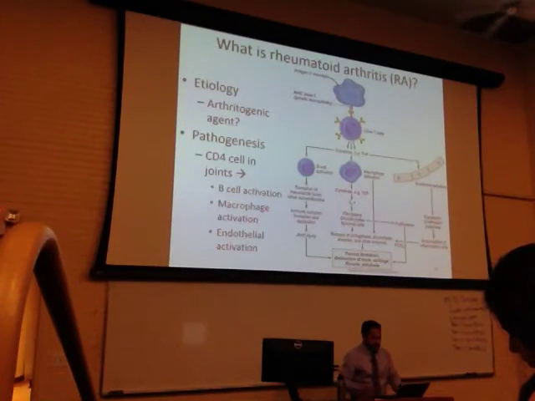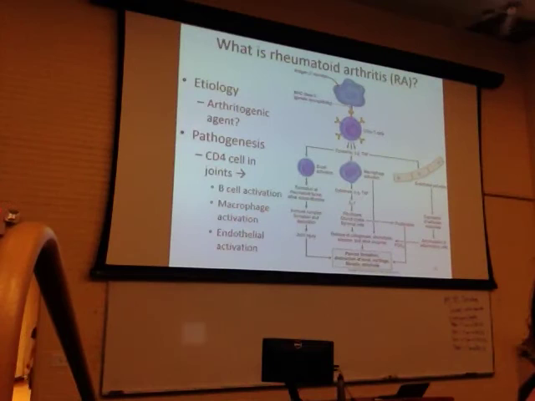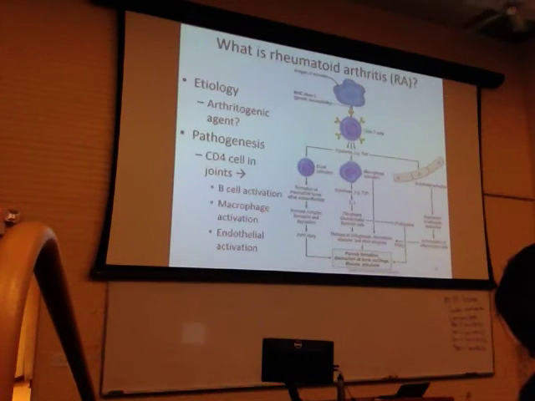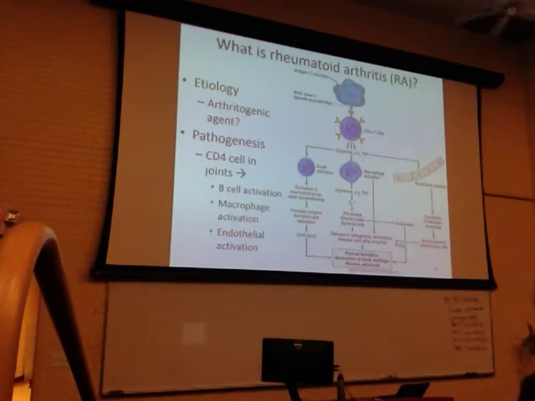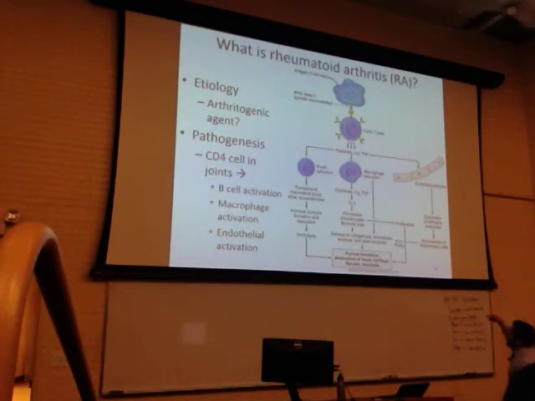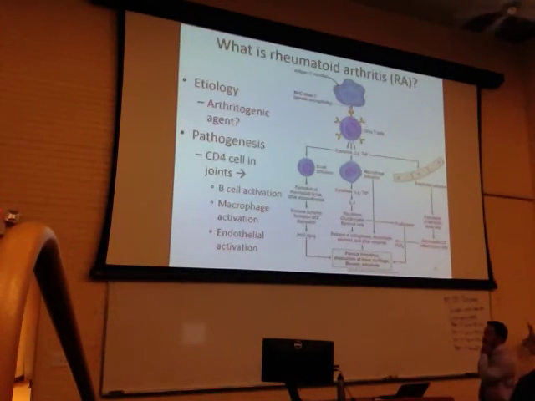So what's going on here is we've got this arthrogenic agent we think is collagen type 2, and that's the antigen that's being seen. Then helper T cells stimulate the production of numerous cytokines. We activate B cells to form autoantibodies, and we call this our rheumatoid factor, if you will. Then we have a whole host of different cytokines that cause inflammation and a breakdown or destruction of the joint.